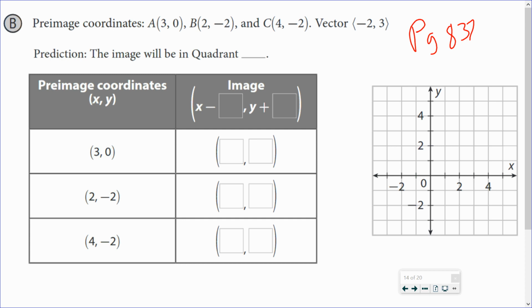Remember, the image that you start with, the first image, is the pre-image. So we're going to just plot those points out. That's going to be to the right 3 and 0. Then go to the right 2 and down 2. And then go to the right 4 and down 2. Okay, and I'm going to draw this triangle.